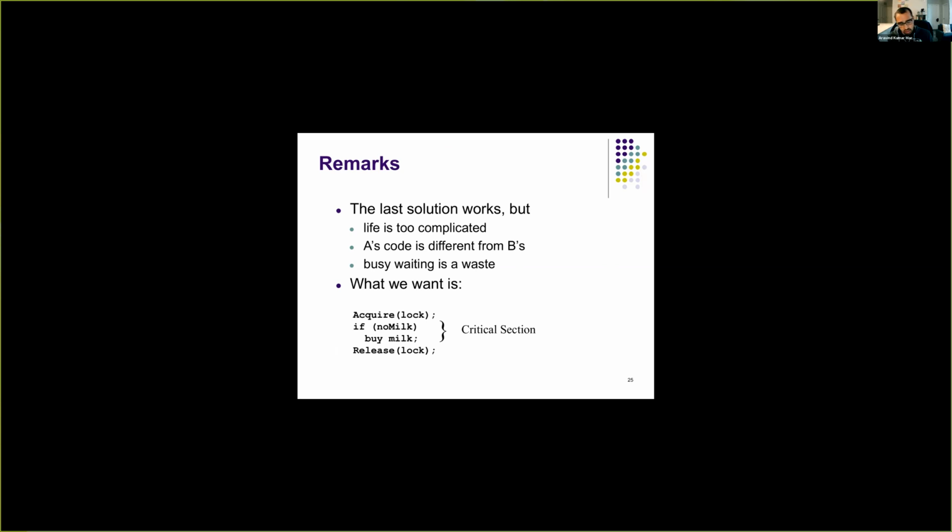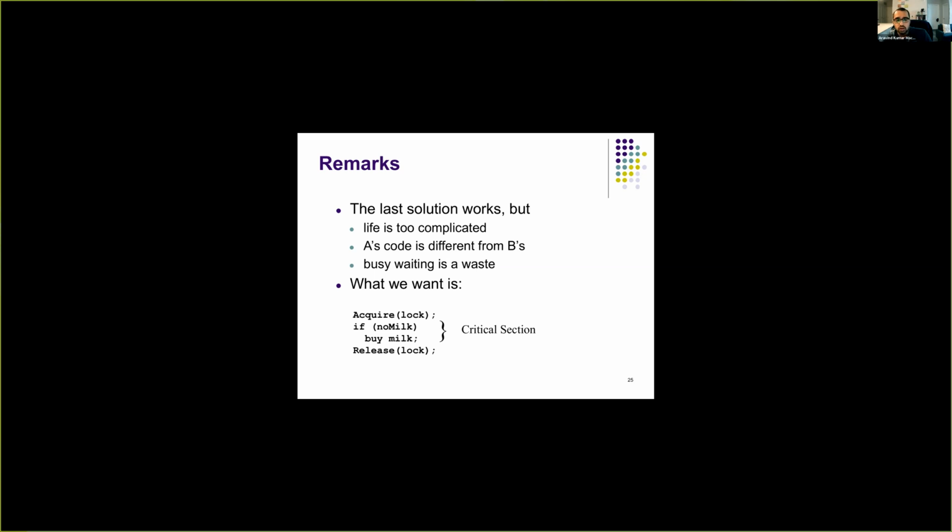Ideally, what we want is a mechanism to acquire a lock. Let's say there is a function call, acquire lock, which allows you to enter: if the lock is acquired, then you can continue. If the lock is not acquired, you just get stuck there. Once you acquire the lock, you can release the lock.